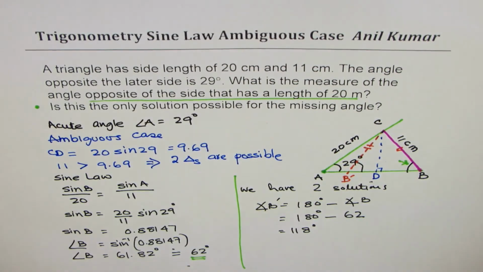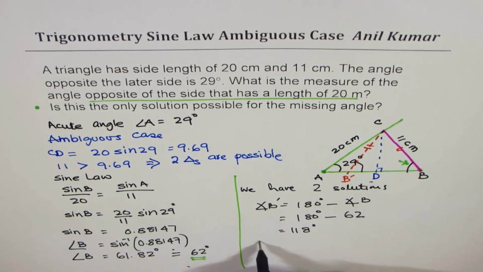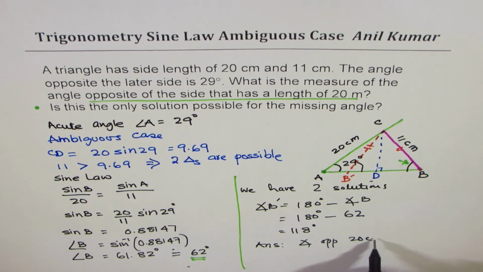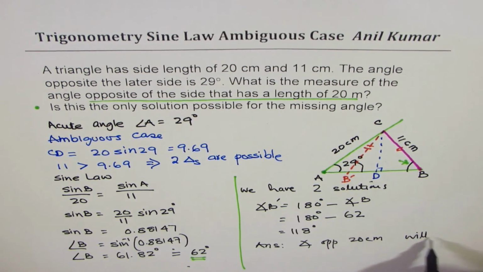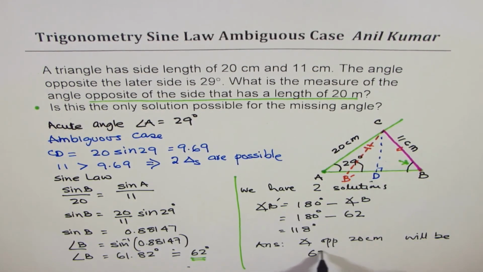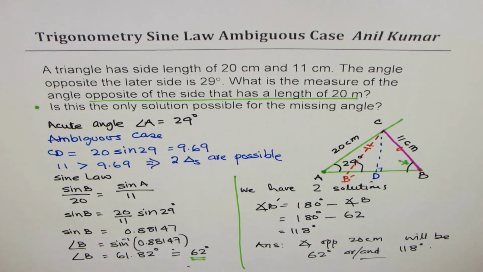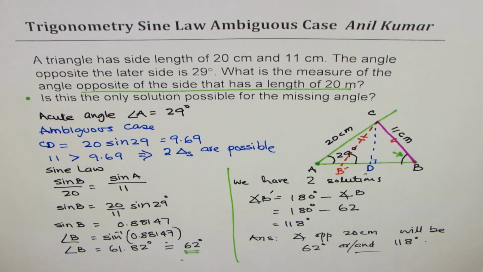So these are the two possible solutions. Our answer is that the angle opposite 20 centimeters will be 62 degrees, or 118 degrees. So both are possible.